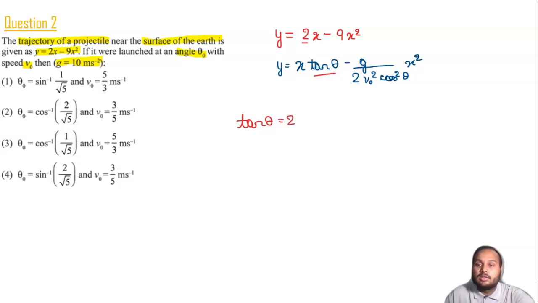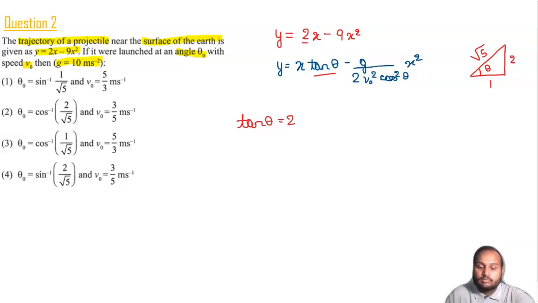So if tan theta is 2, we know that tan is perpendicular upon base. So if we draw a triangle and this is our theta, the perpendicular is 2 and the base is 1 here. So by Pythagoras theorem, we can find the hypotenuse as root 5. Fine. This is useful information which we will be using just now.